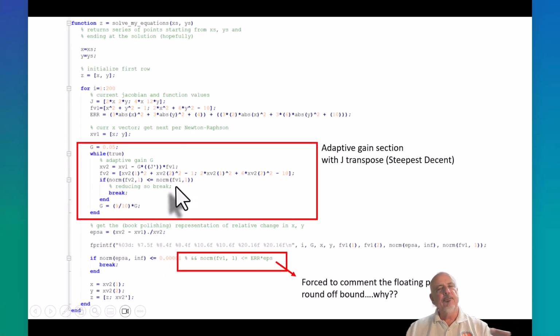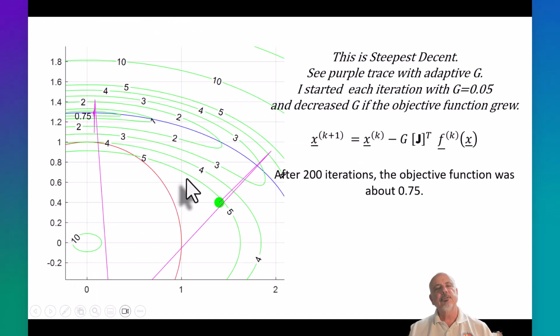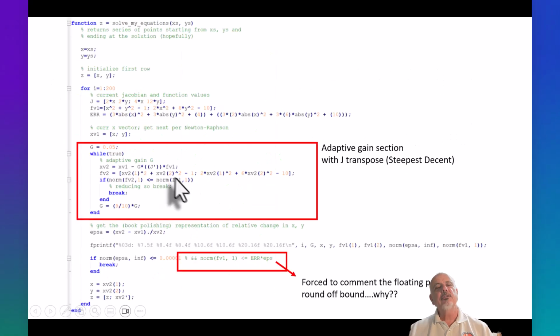And the only difference between the previous red box and this current red box is I've got J transpose in this location for the steepest descent, whereas I had J inverse in the Newton-Raphson version. So steepest descent, J transpose, J tick, and the Newton-Raphson was inverse. Okay?